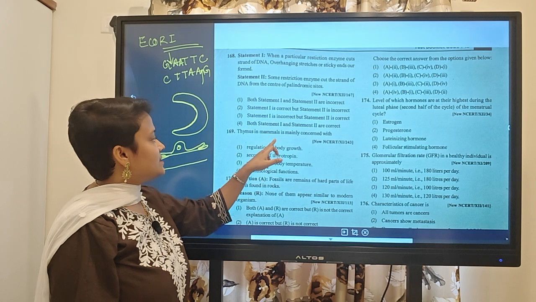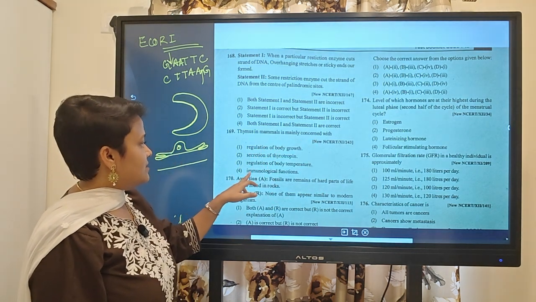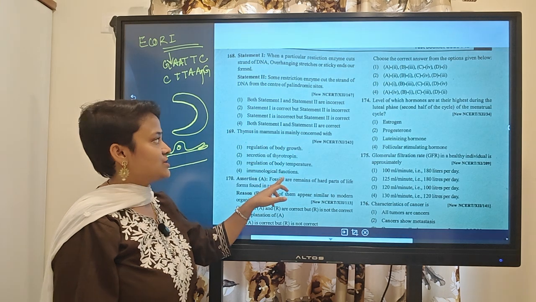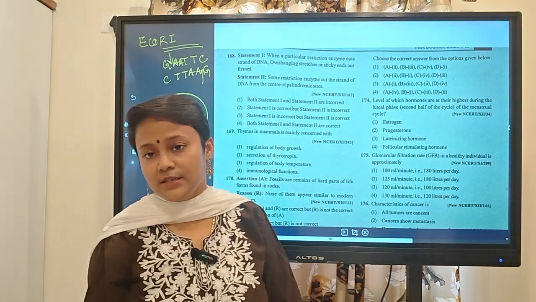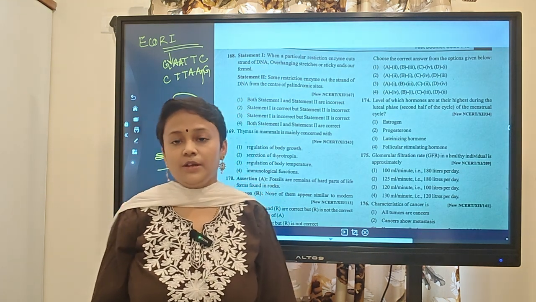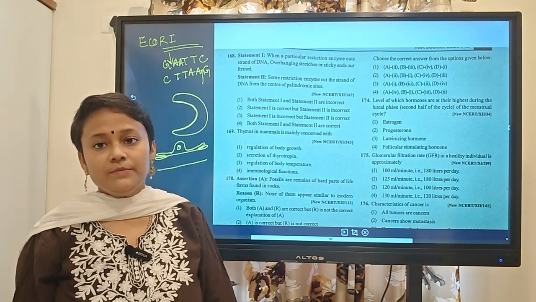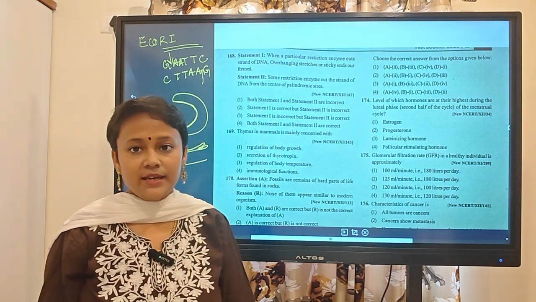Thymus in mammals is mainly concerned with what? Immunological functions. We know that the thymus gland, which is present on the ventral side of the aorta, helps in the maturation of the T lymphocytes, right?